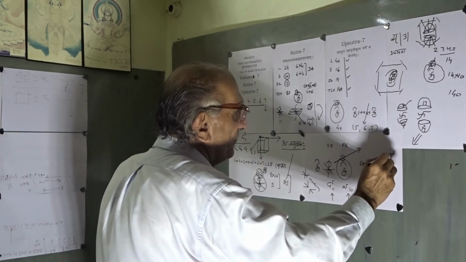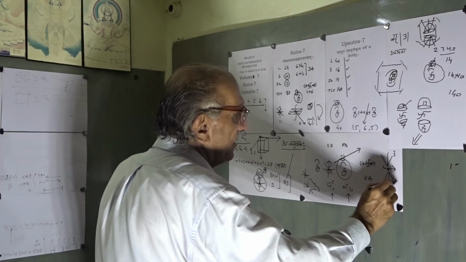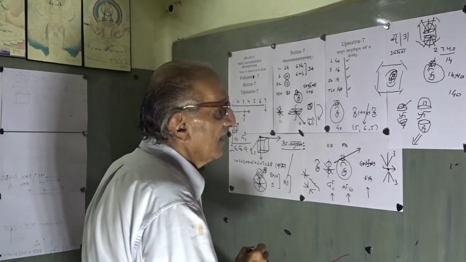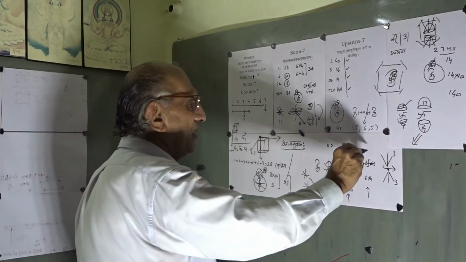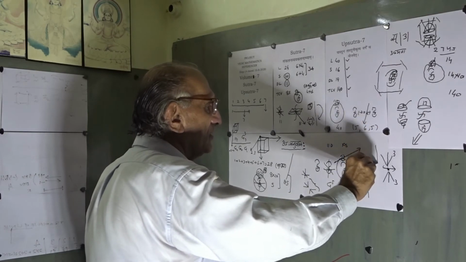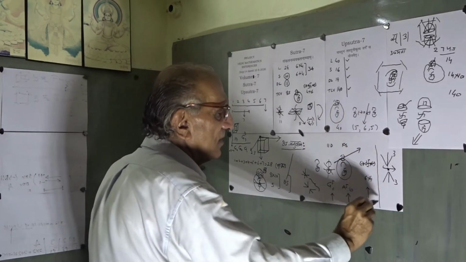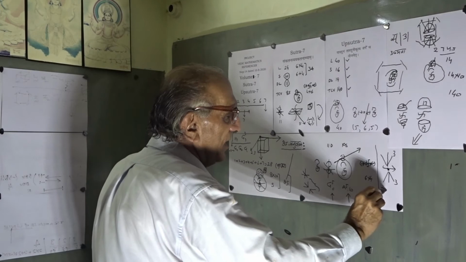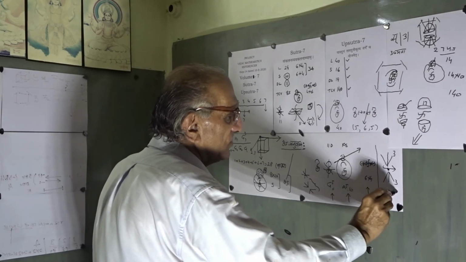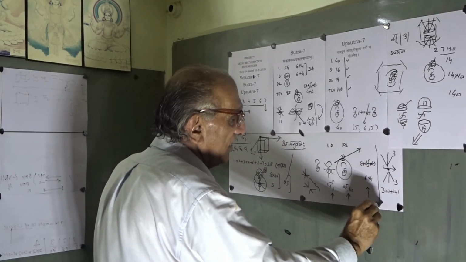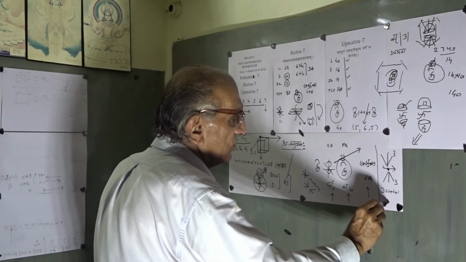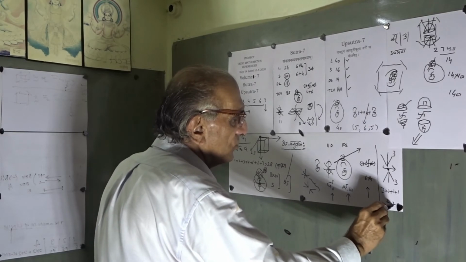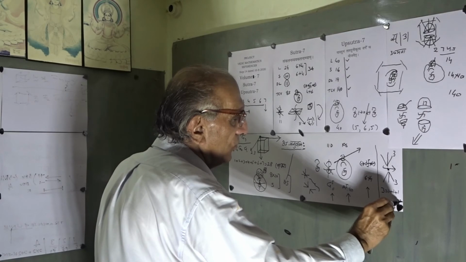So the 3-dimensional frame splits into 3-dimensional frames of half dimensions, and both become independent 3-dimensional frames. So value 3 can be written as 1 plus 1 plus 1, and also it can be written as 3 is equal to 2 over 2 plus 2 over 2 plus 2 over 2.